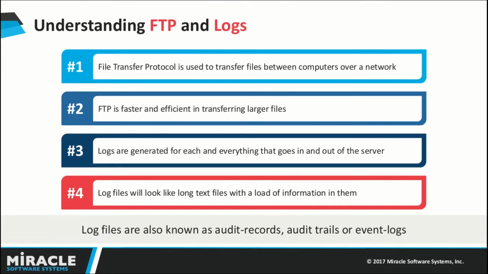FTP is a well-known server for file transfers between different computers or different operating systems, or maybe from online. It works on a client and server mechanism which supports operations such as uploads, downloads, deleting or renaming a file on the FTP server. For each of these actions, whether it's an upload or download, we generate an event called a log, and that is saved in a log file on the server side.